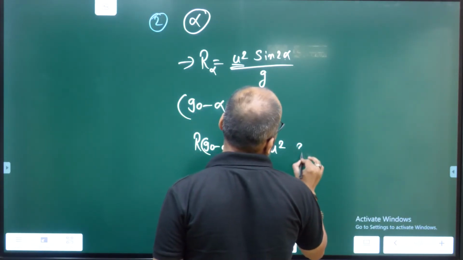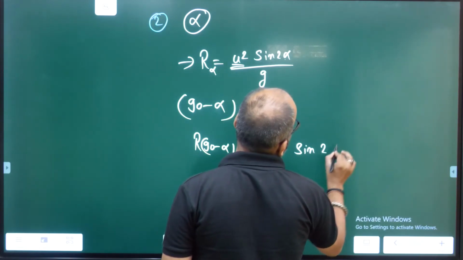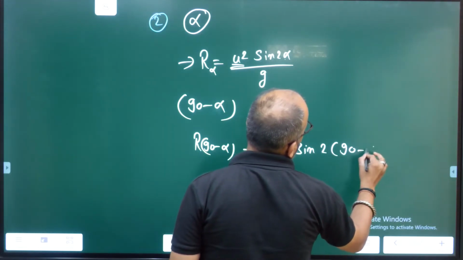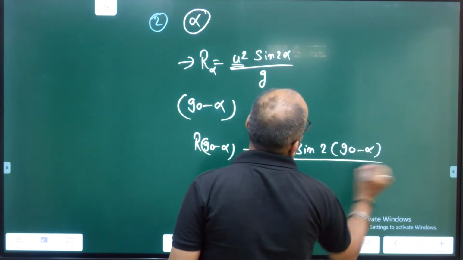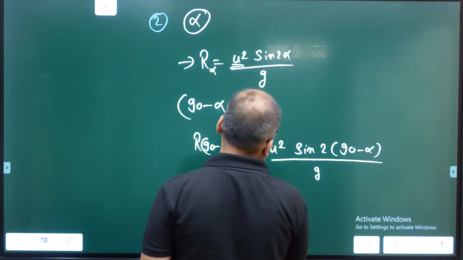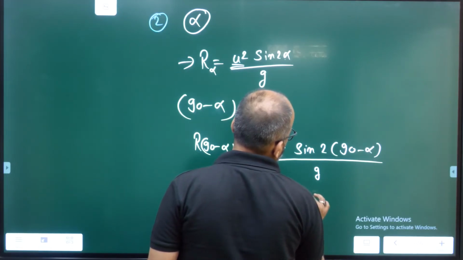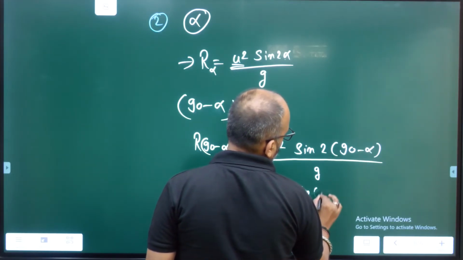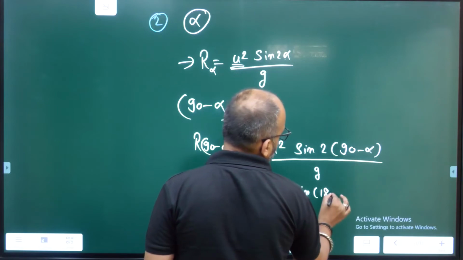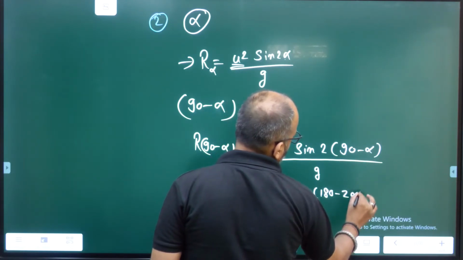u square sine 2 into 90 minus alpha upon g. So u square sine 180 minus 2 alpha, I am multiplying 2 inside the bracket. Yes or no?